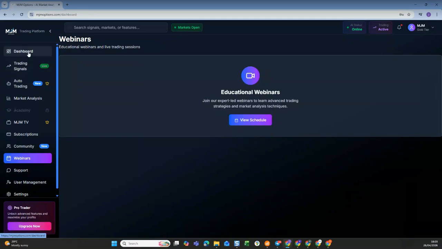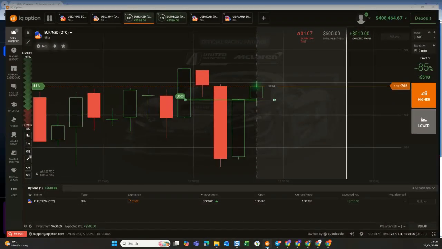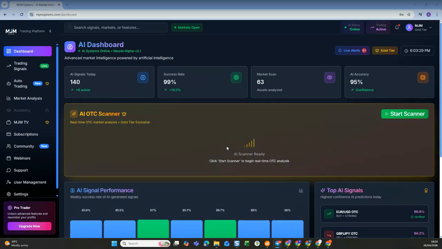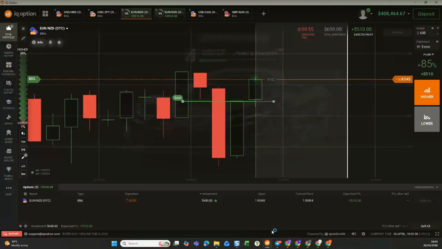And so for those of us who want to get access to the website, to the AI, it is quite simple. The very first step is for you to register on mjmoptions.com. The moment you are registered on mjmoptions.com, you then send me the email you registered with. That's the first step. Now, the second step is for you to register on IQ Options using our link.